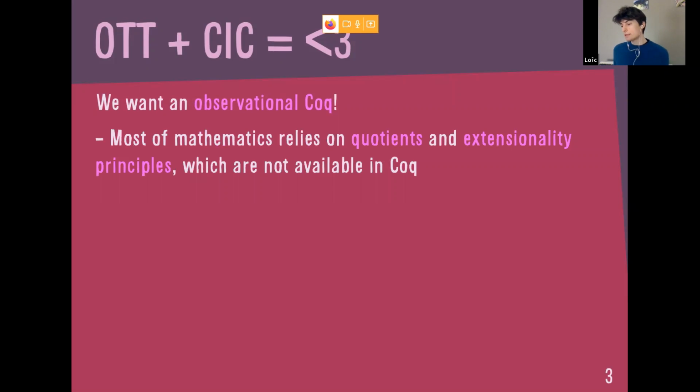This would be very useful in practice, since most of mathematics, including the mathematics that is used in computer science, rely on extensionality principles and, even more importantly, quotients. There are several ways to encode both of these in the Coq proof assistant, including just postulating them as axioms. But no matter what, you will not get a proper computational content.